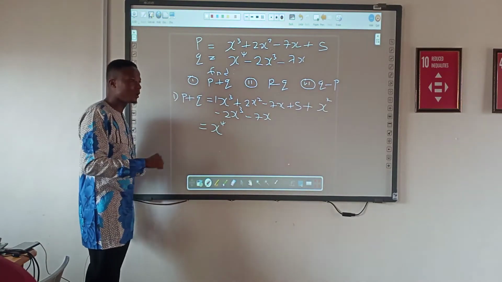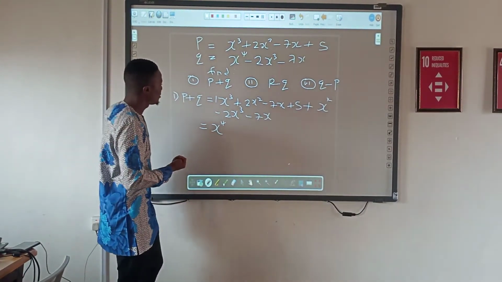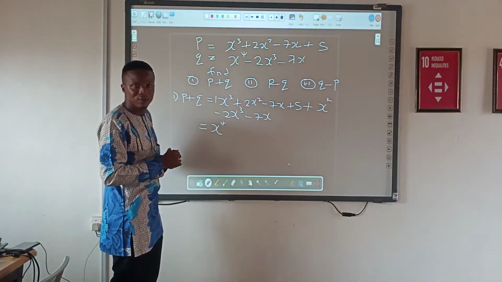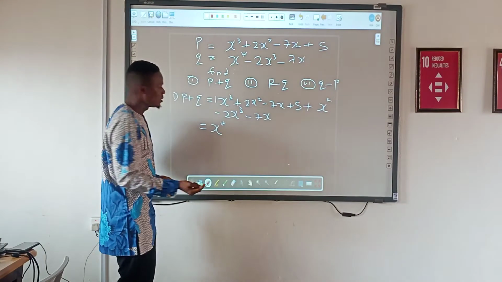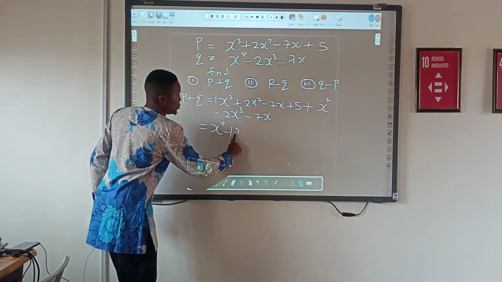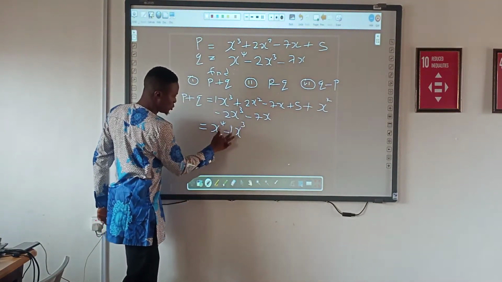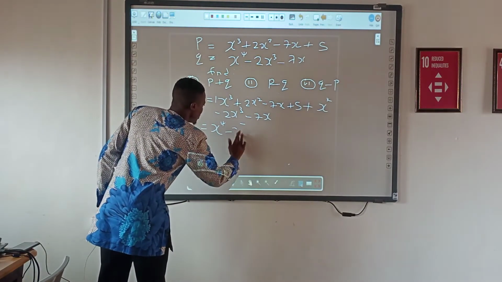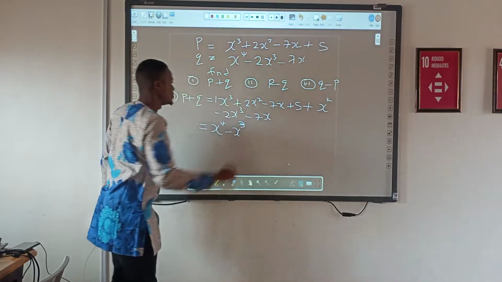There is one person, come here. It sounds funny. So just know that this is 1. Then 1 minus 2 is minus 1. And you know you don't write minus 1x cubed, right? Yes. The 1 you need to wipe it, isn't it? Yes. That's why we call it minus x cubed.